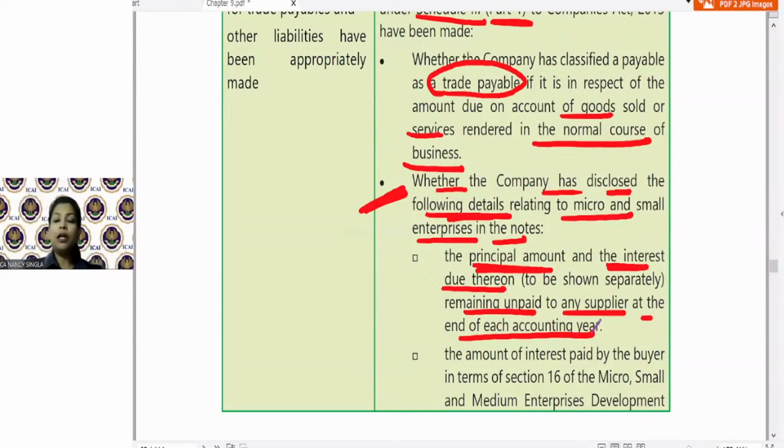So अगर आपका client का कोई भी amount, be it principal interest, is payable, है ना, as at the end of the accounting period, that is to be mentioned कि कितना amount principal plus interest due है. So principal plus interest which is due at the end, है ना.